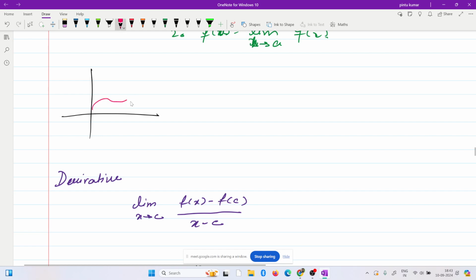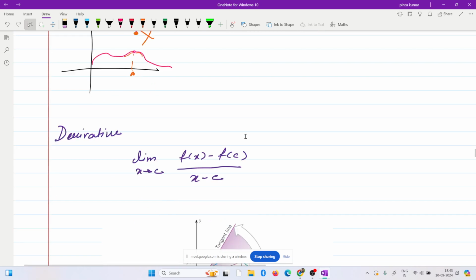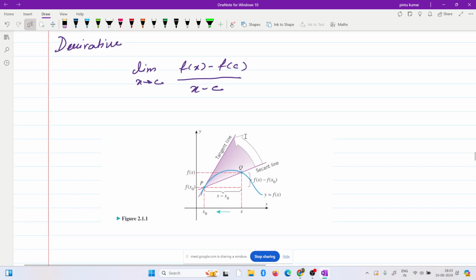You are going like this, and suddenly at some point your value jumps a lot. Okay, and then again you are continuous. So over here, the limit exists at this point. Let's say this is a. The limit exists at the point, as even if you take the left route or the right route, you're reaching the same point, this hollow thing. But the value of the function at this point has taken a sudden jump, which is not allowed for continuous functions. Okay, continuous functions are very beautiful functions that you can draw with your hand.